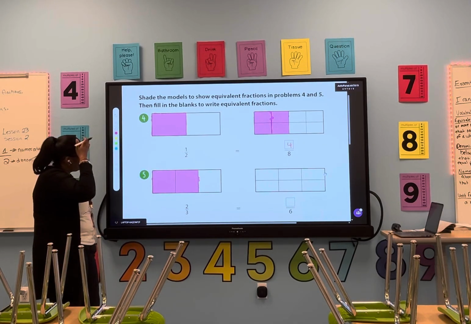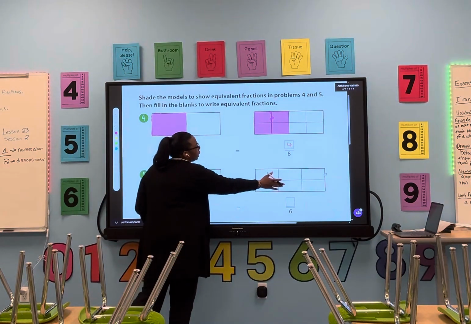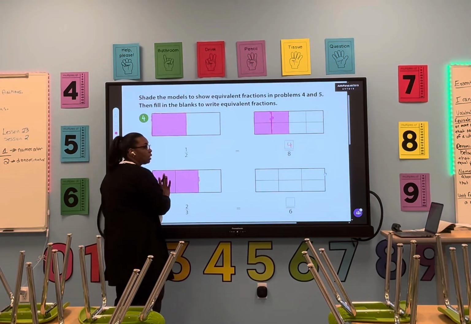So I have shaded in 2/3. Now we need to make this fraction bar equivalent to this one by shading in the same amount.